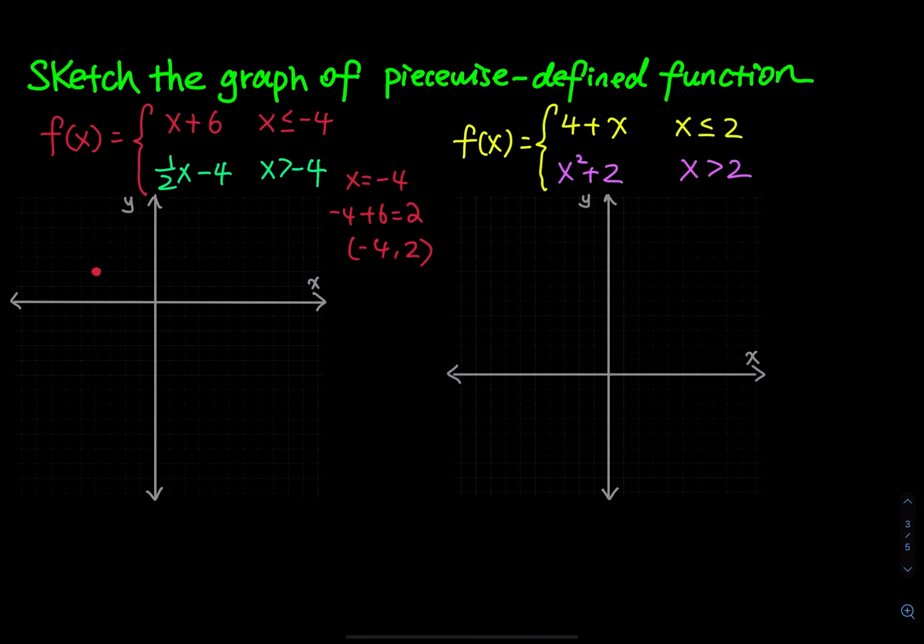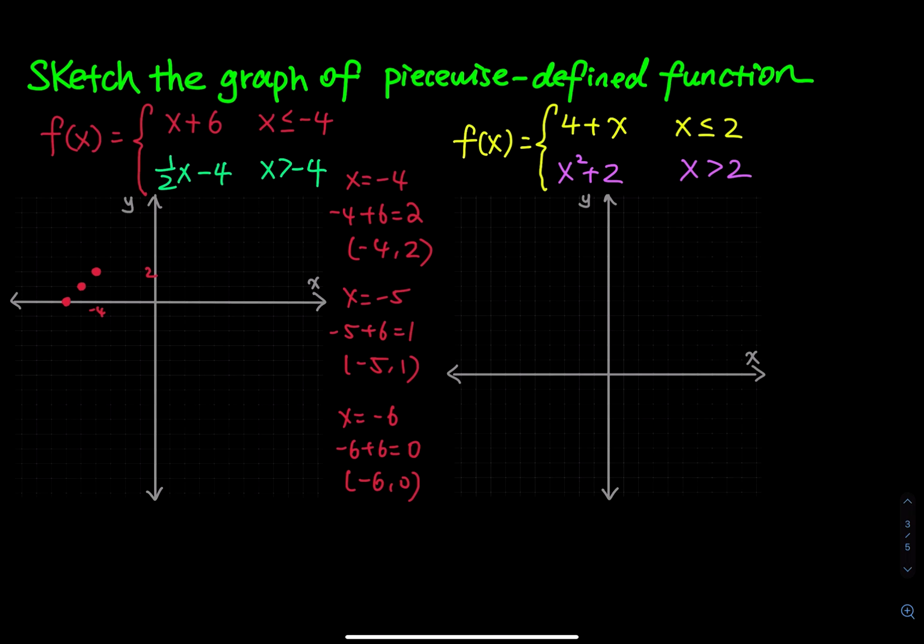And then when x is equal to negative 5, negative 5 plus 6 is equal to 1, negative 5 comma 1. And then when x is equal to negative 6, we have negative 6 plus 6 equals 0, negative 6 comma 0.